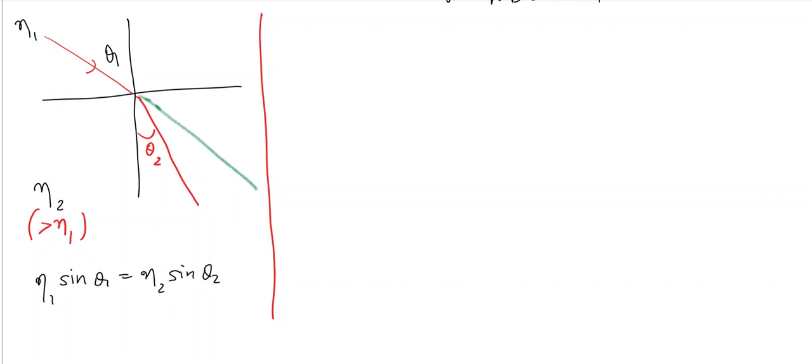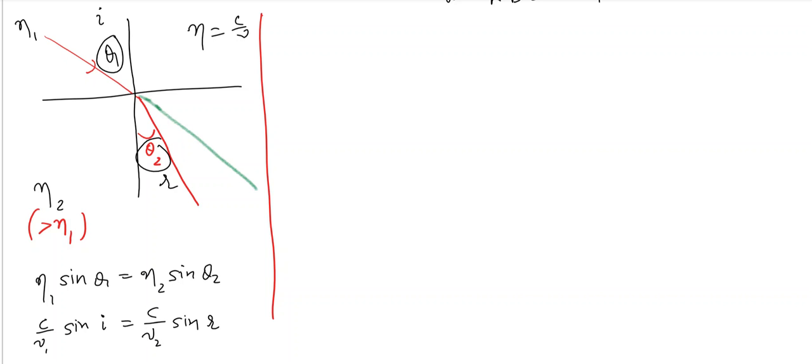If I denote this angle with I and this with R, and we know that eta is C by V, I can write this as C by V1 sine I is equal to C by V2 sine R. This is the law of refraction which we are familiar with, and we'll try to prove this.